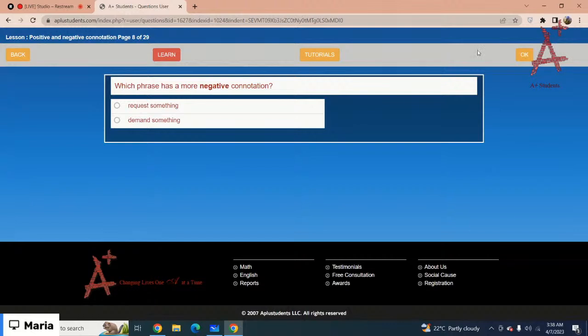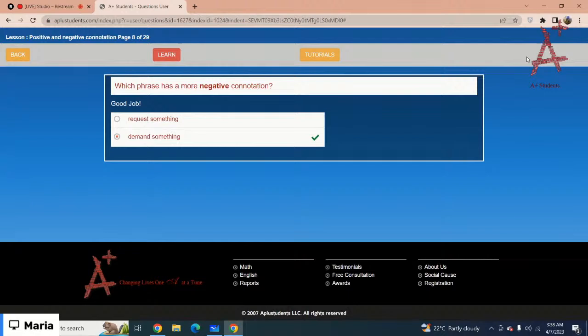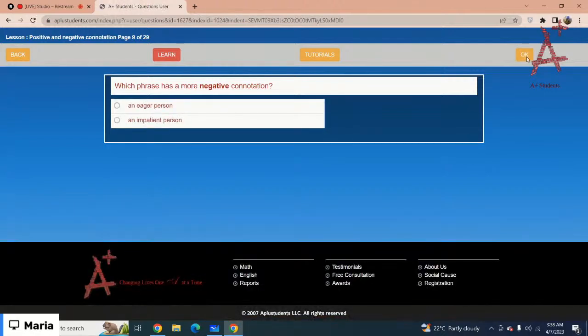It would be demand. Got it? Because request is not negative, demand is negative. Got it? Okay, the next one is which phrase has a more negative connotation? An eager person or an impatient person? Which is the correct option? It would be an impatient person. Got it?